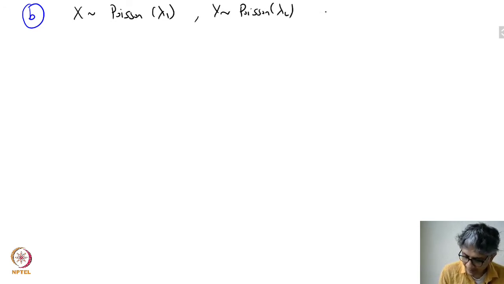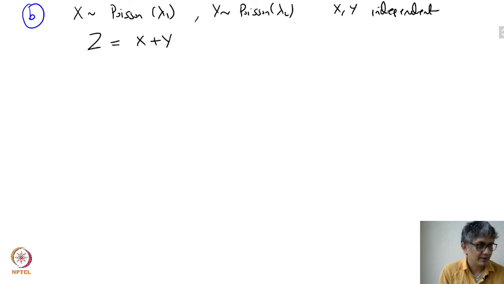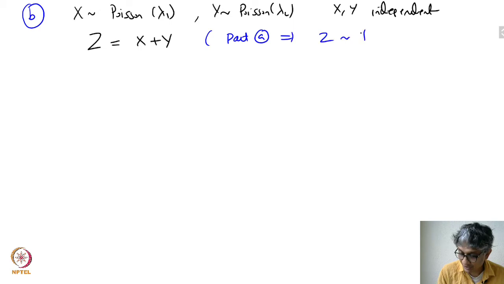X and Y are independent. And I have Z equal to X plus Y. This I know how to compute the distribution of Z from part A, right? So from part A, Z is Poisson of lambda 1 plus lambda 2.